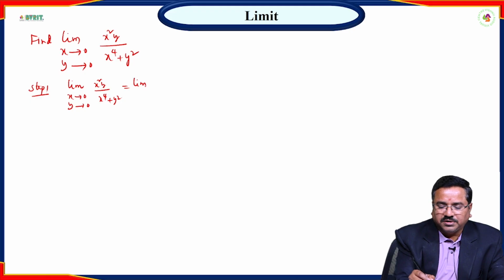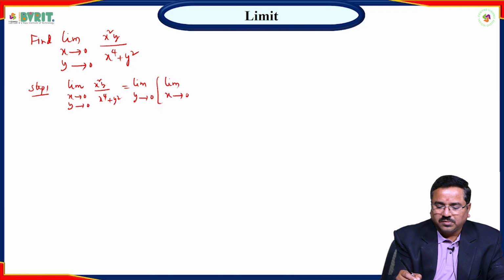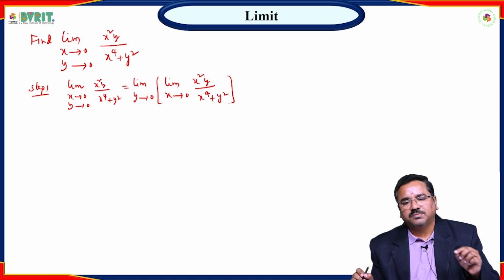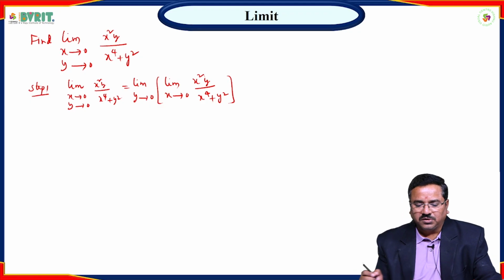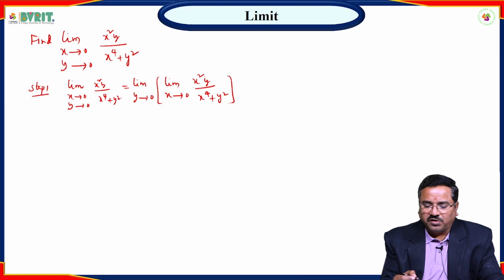First I am taking the limit as x tends to 0. First I am substituting x as 0, then afterwards y to 0.